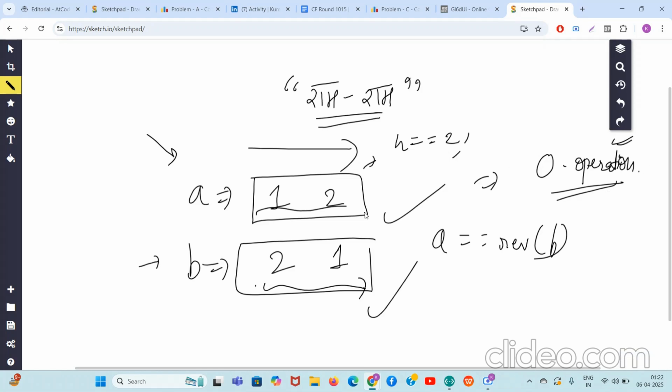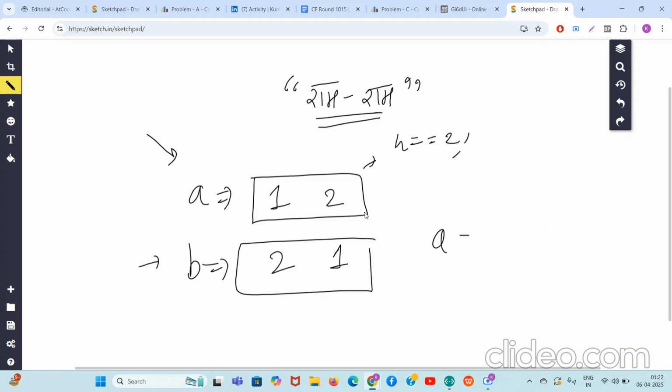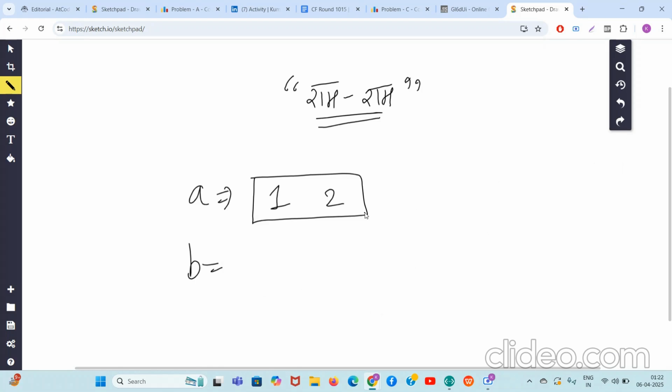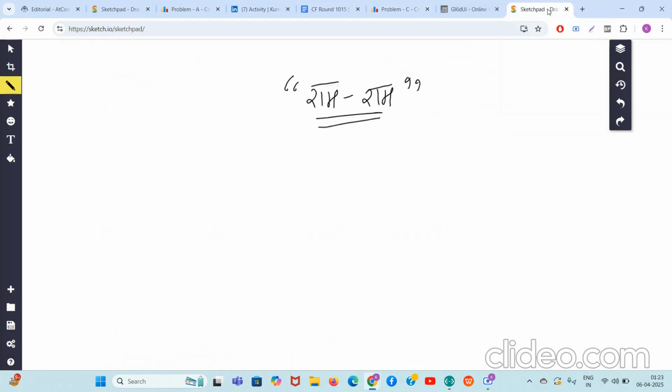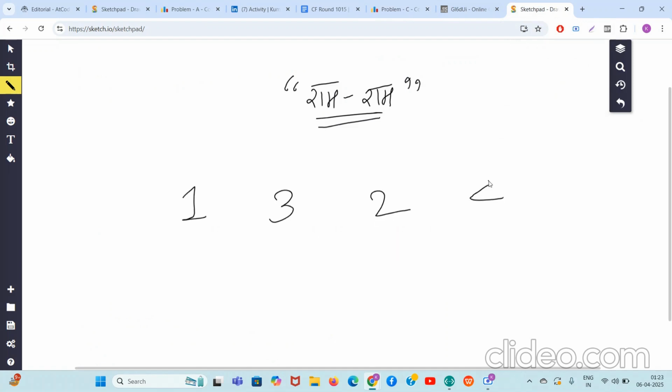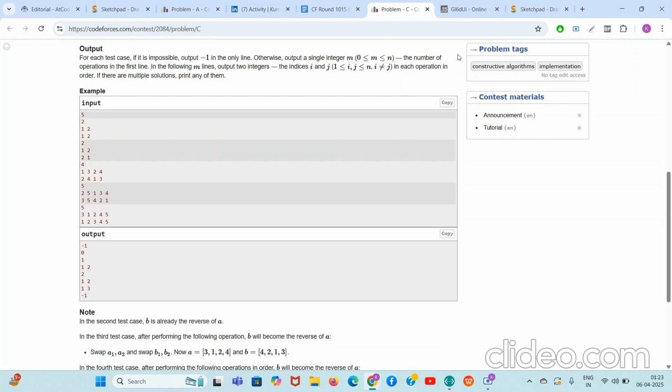So now what to do? It's pretty easy. Let's take the array 1 3 2 4, and after that let's say 2 4 1 3.